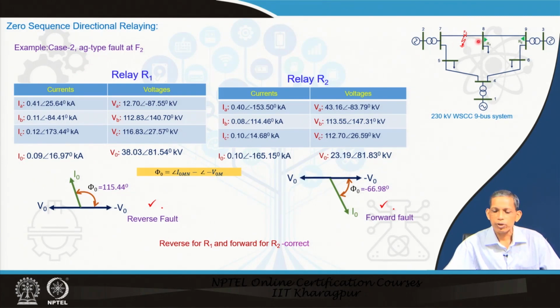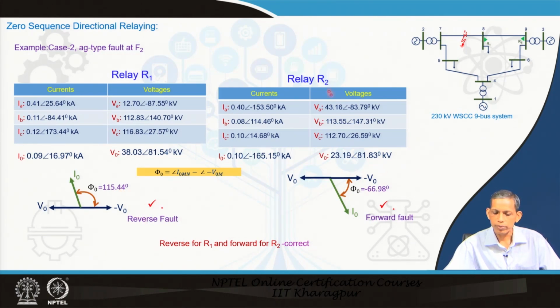Case 2 is the F2 fault, forward for R2 and reverse for R1. With the set of measurements for R1 and for R2, phi 0 computed using the relation for R1 happens to be positive 150.44, less than 180 degrees. So this is clearly a reverse fault.